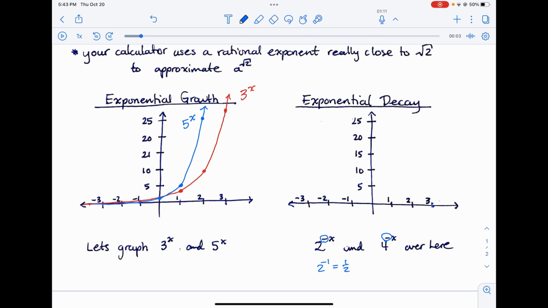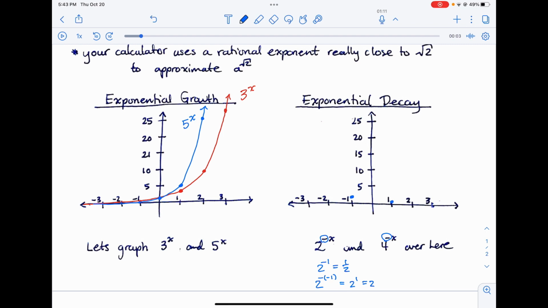So I plugged in a 1, I got 1/2, it's going to be way down here. If I plug in -1, I'm going to get 2 to the negative, put these parentheses here, -1. -1 is my input here. Well, -1 turns into +1, and I get 2. So at -1, my output is 2.